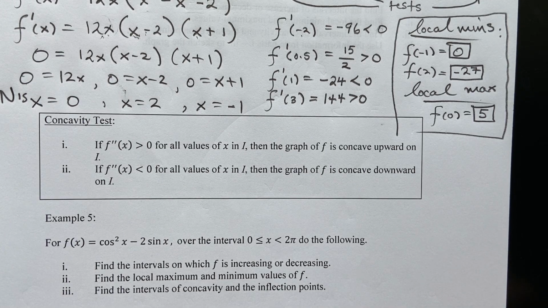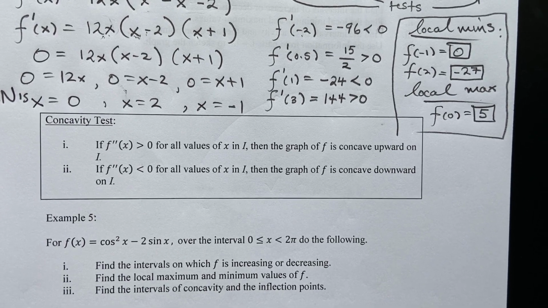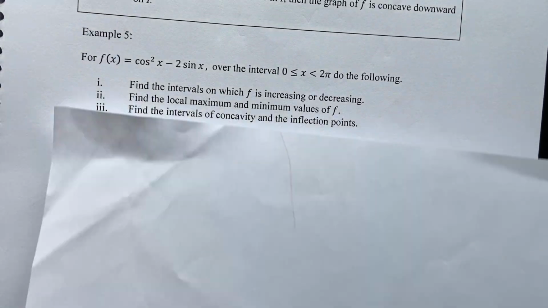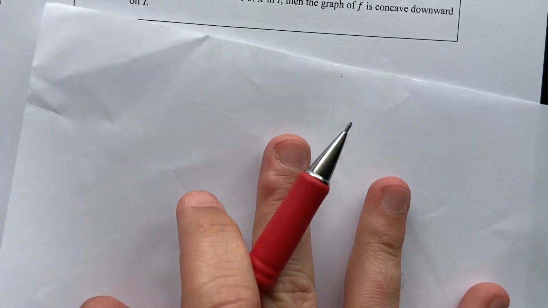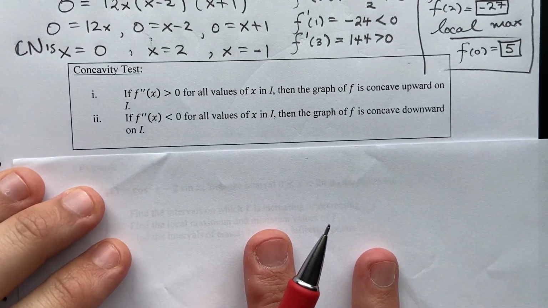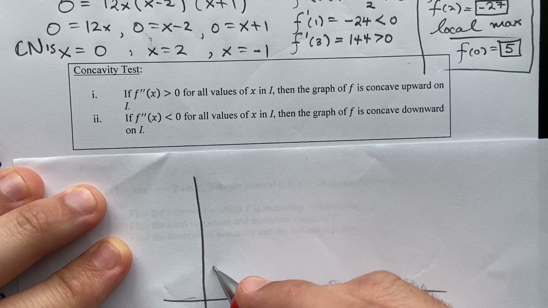But basically, just to draw a quick picture, let me grab a piece of paper. Computer almost fell. There we go. Okay. So looking at this concavity test statement, let's draw a quick hypothetical graph.